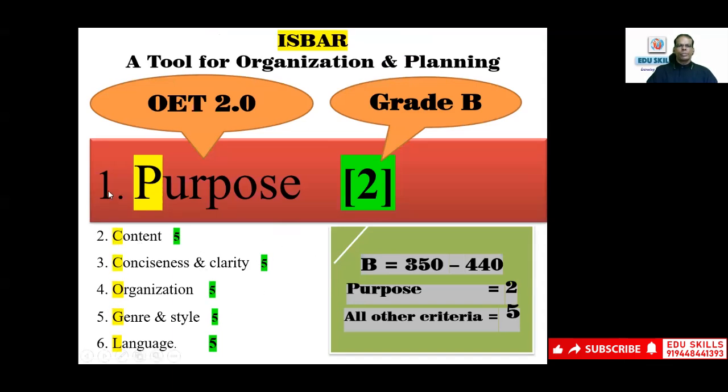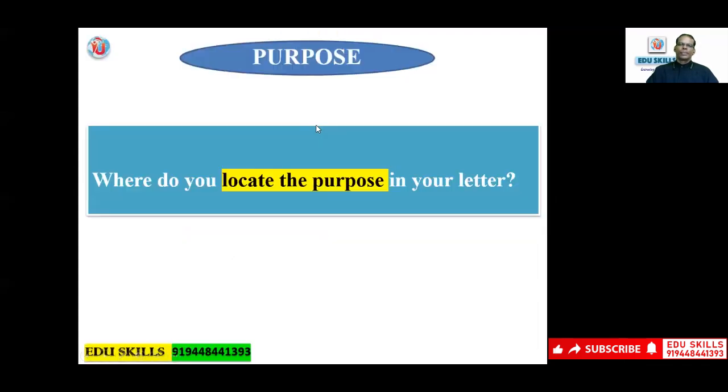But in purpose, you have to get a minimum of 2 to get a grade B. We are not looking at B, though. I hope all of you are aiming at A. So try to get 3 in writing purpose, and then you'll definitely get a good score in other things.